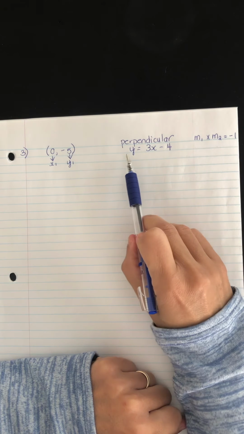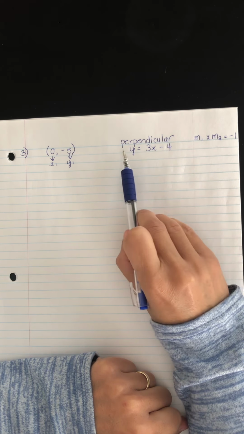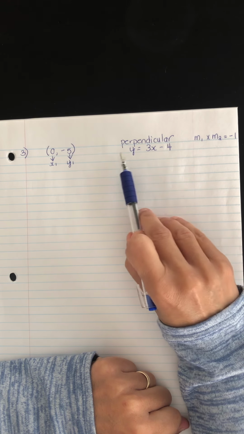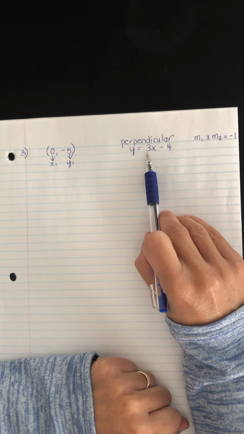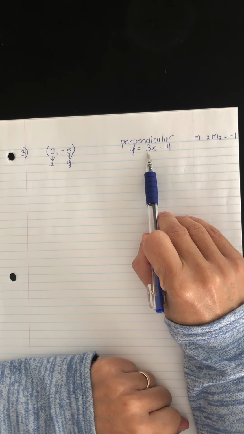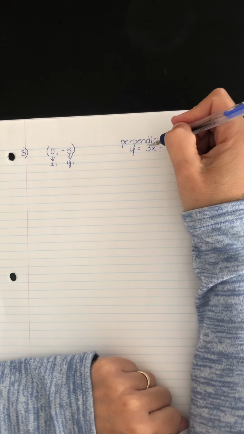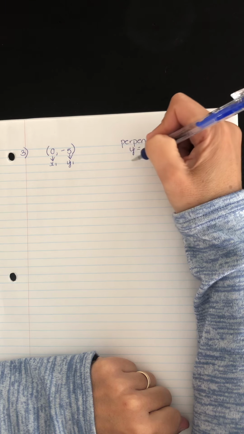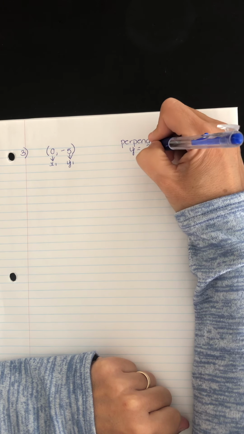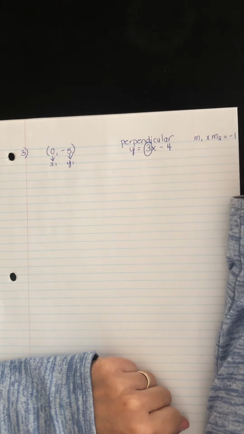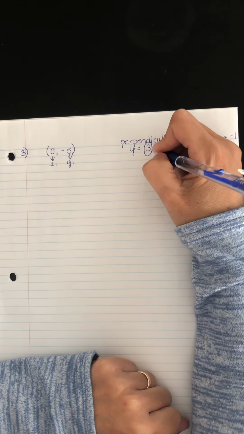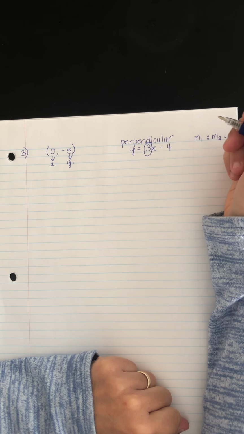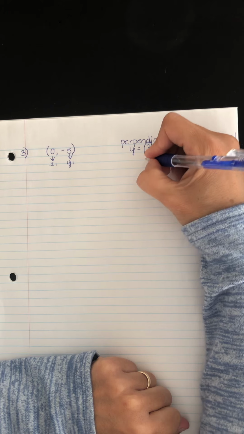Okay, what is the slope of this line? Well, you can compare it to y equals mx plus b. So the slope of this line is 3 because 3 is the coefficient of x. Y is properly isolated. So why don't we call this M1?